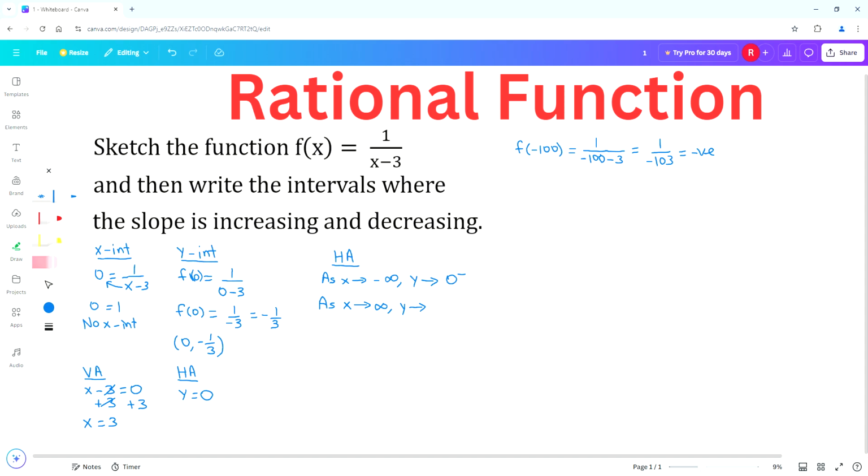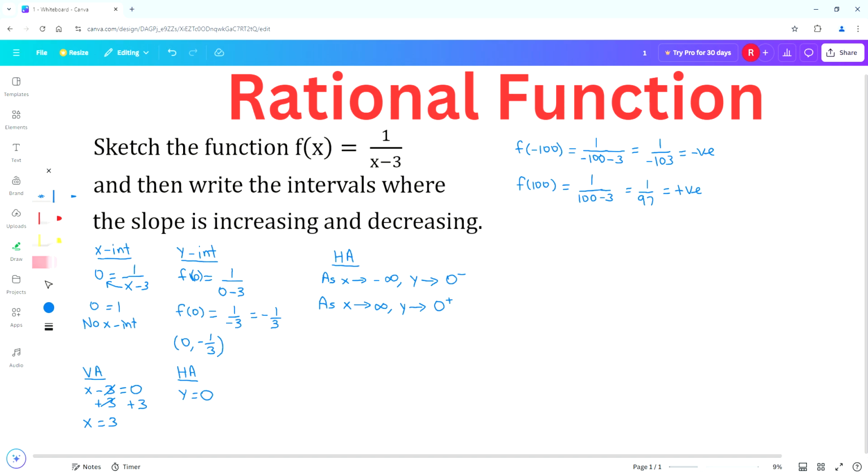Next, we can sub in x as a big positive number. We can use x equals 100. This fraction has a positive value. Therefore, on the right side, the function approaches the horizontal asymptote from above.